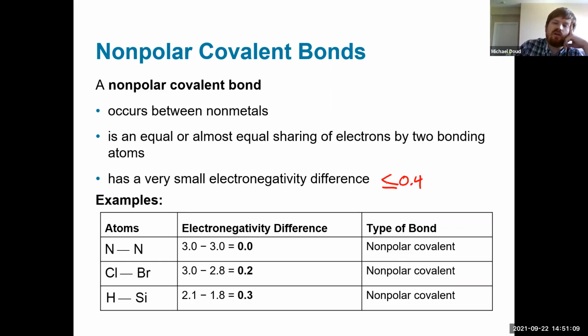And I think we say less than or equal to 0.4. So this is how you would calculate it. If you have a bond between chlorine and bromine, chlorine has an electronegativity of 3.0, bromine has an electronegativity of 2.8. So the absolute value of the difference here is 0.2. 0.2 is less than 0.4, so that's a nonpolar bond.